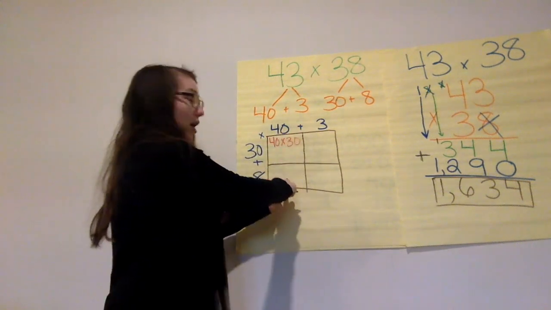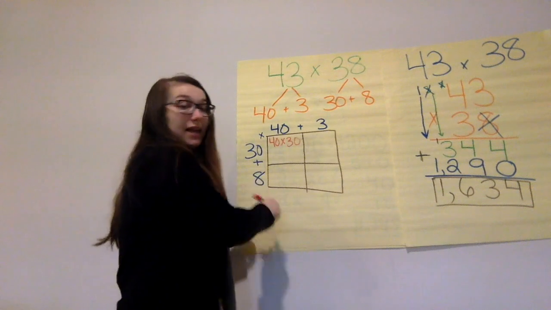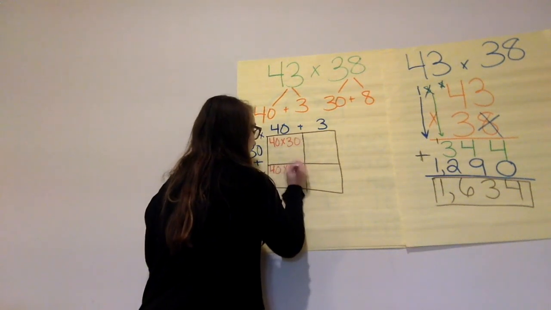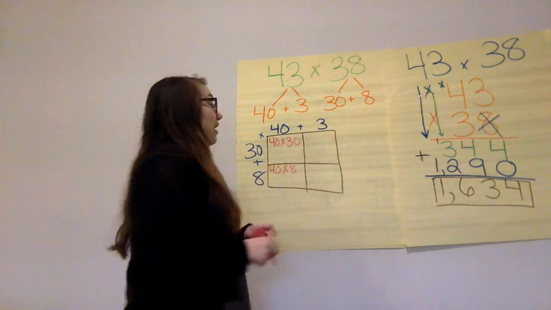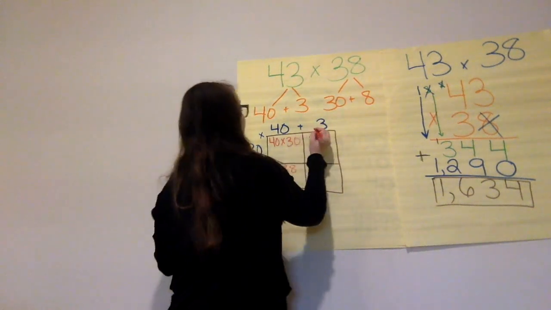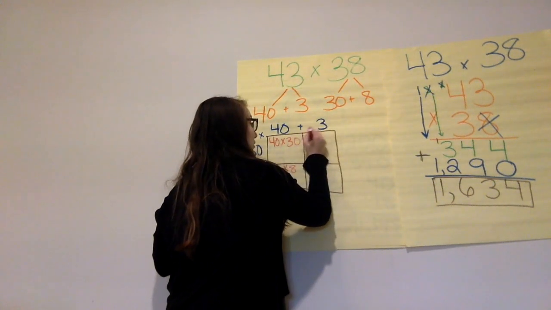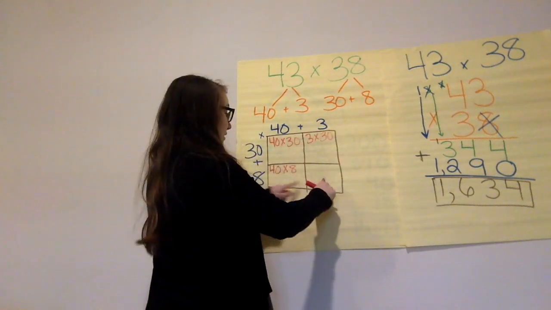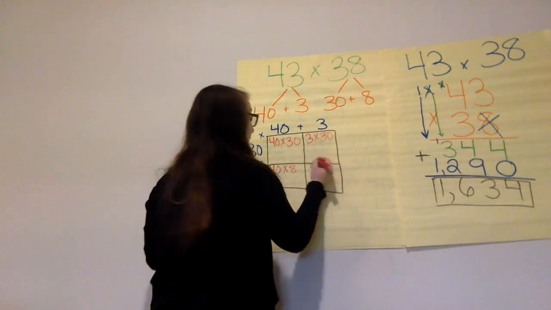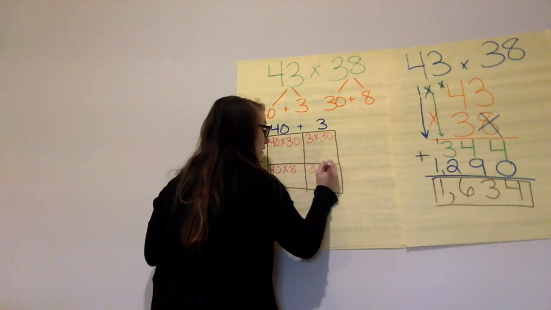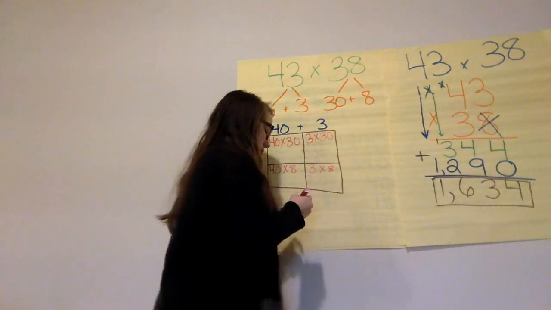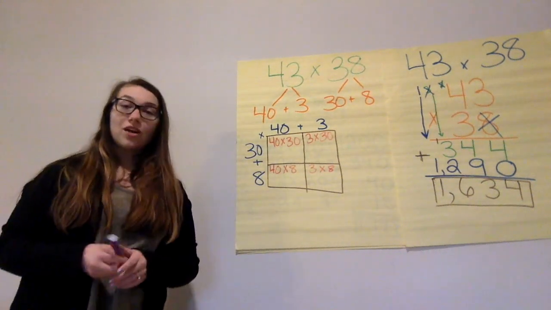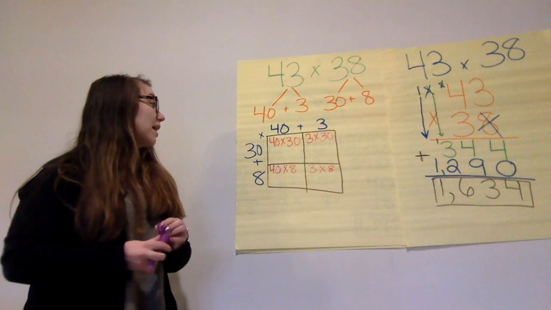In the second box, we have 40 and 8, which means we're going to do 40 times 8. Third box, we have 30 times 3, or 3 times 30. And in the last box, we have 3 times 8.